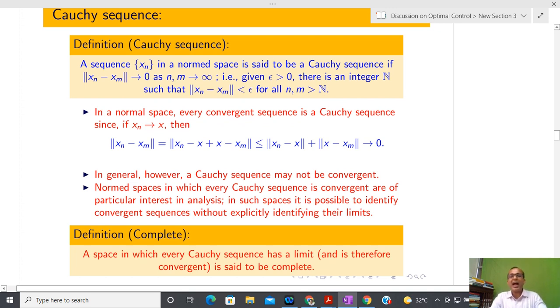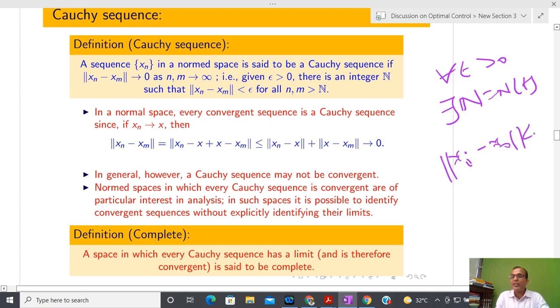If I know the limit, I can say that for every epsilon greater than 0 there exists some natural number n, which is a function of epsilon, and I just have to check, taking any sequence, that the distance is less than epsilon for all i greater than n. If I know this, then by opening the norm I can show it. But suppose I don't know x0.